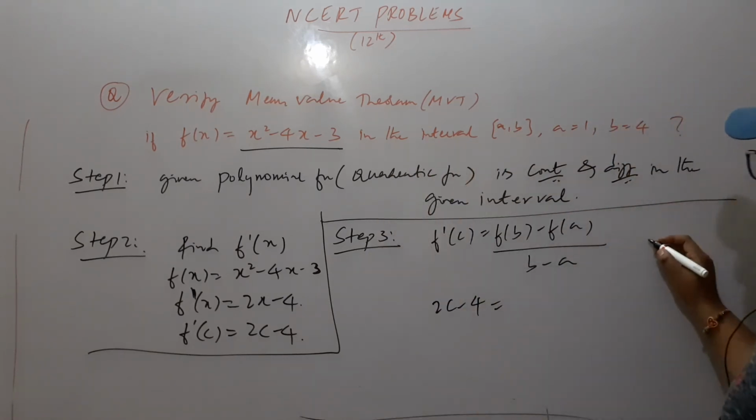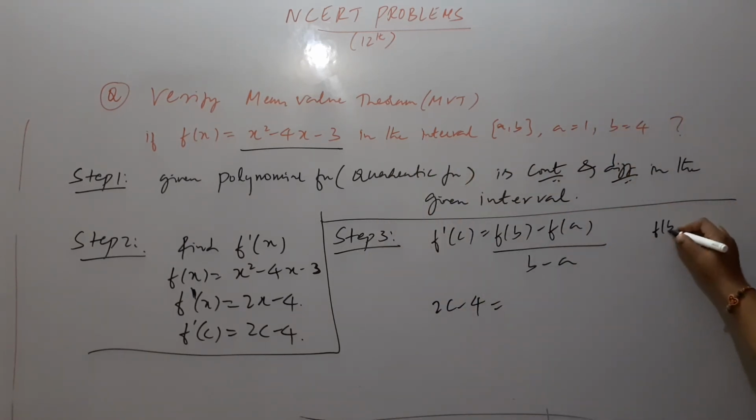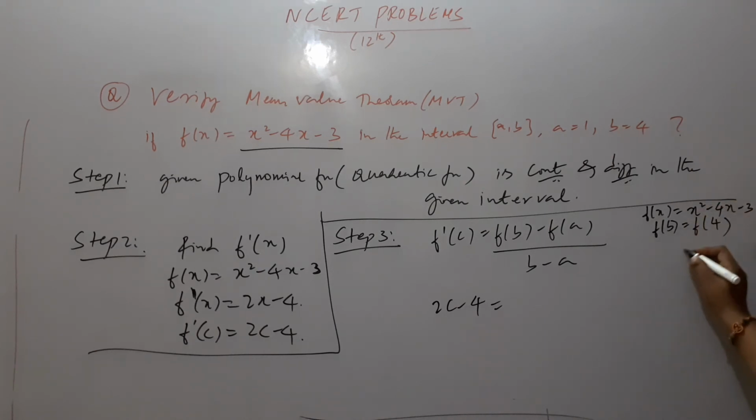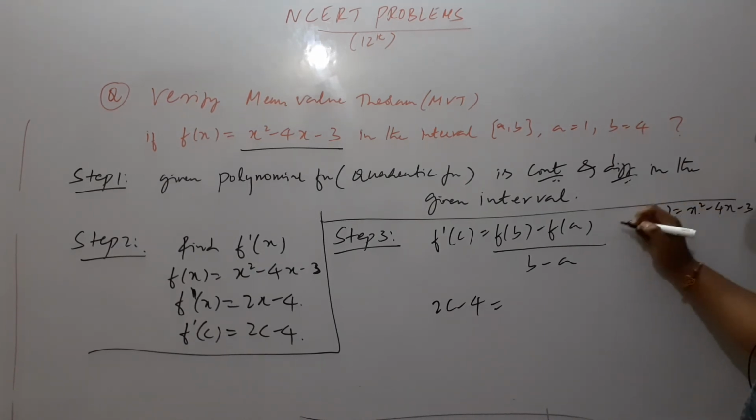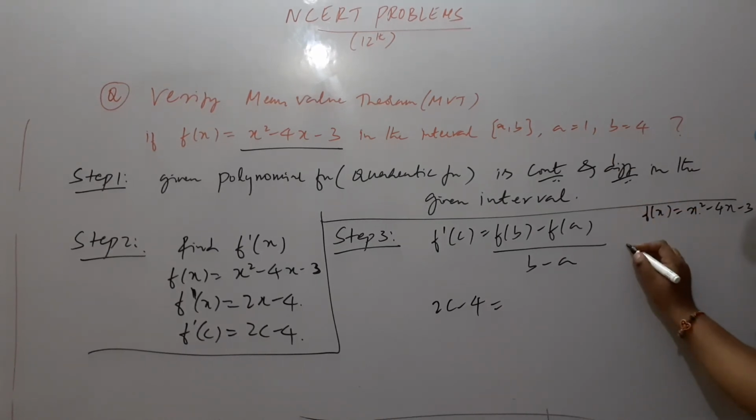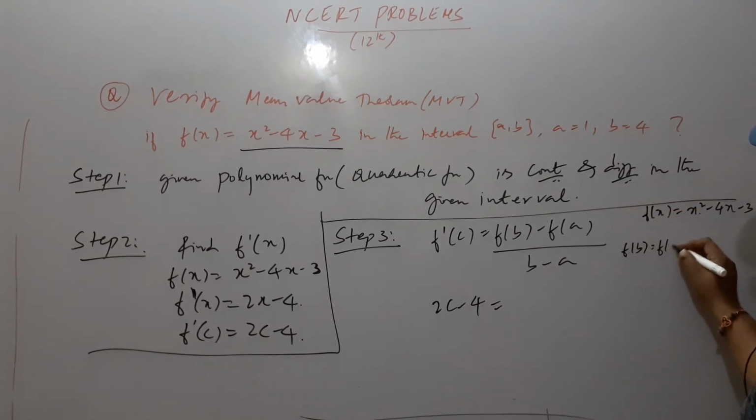So let us find out separately. F of b is equal to f of 4. So f of x is given by this quadratic. So f of b, f of 4, 4 square minus 16 minus 3. So I am getting minus 3 as f of b.